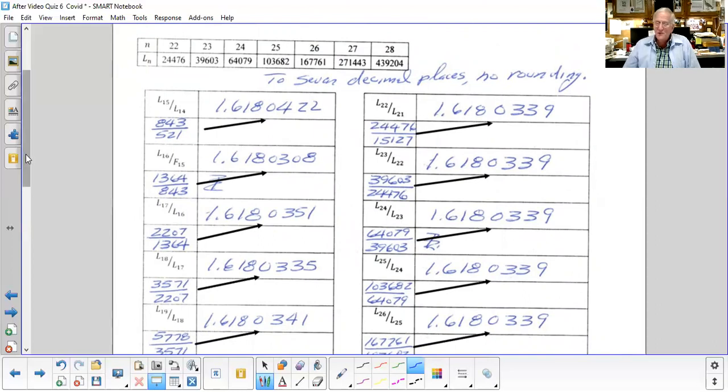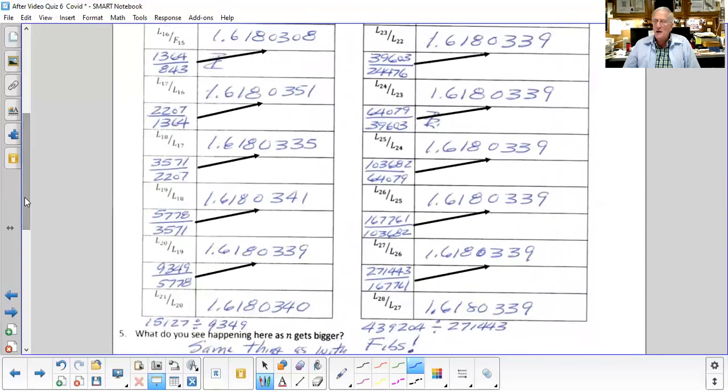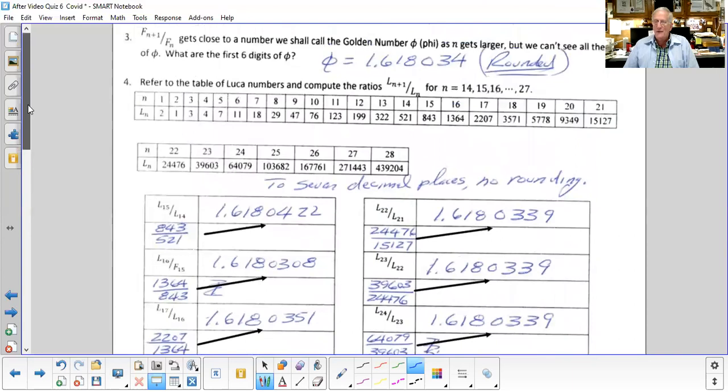So it appears that if you divide consecutive Luca numbers, they do exactly the same thing. They approach this crazy number, 1.6180339.